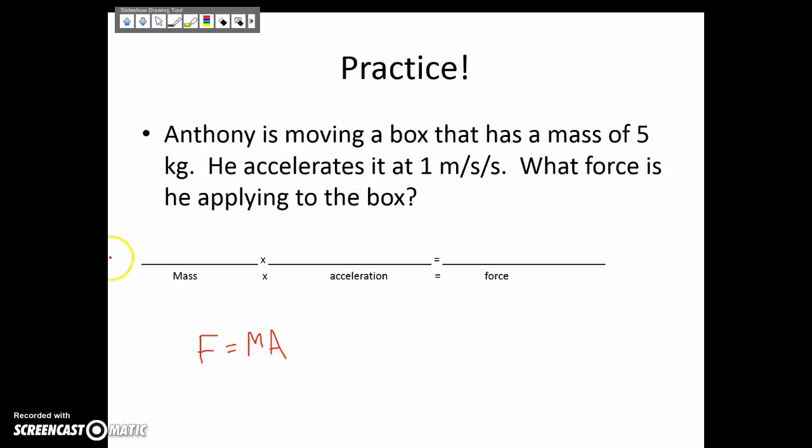So the mass of the box is 5 kilograms times the acceleration of the box, 1 meter per second squared. It's going to be equal to the force that he applies, 5 times 1, math skills tells us that's 5, and remember the unit of force is newtons. Named for the guy with the law.